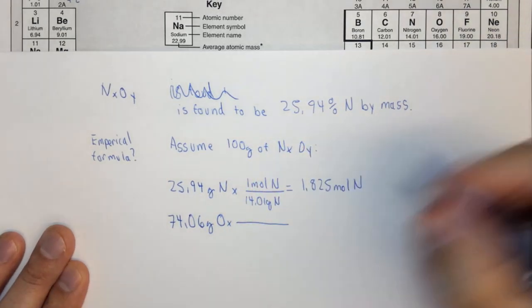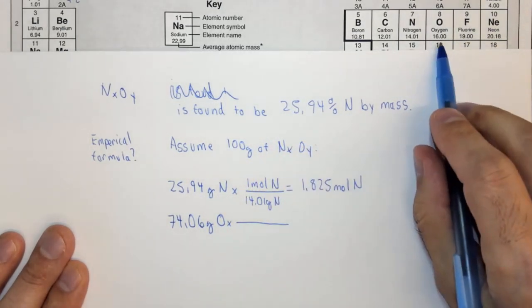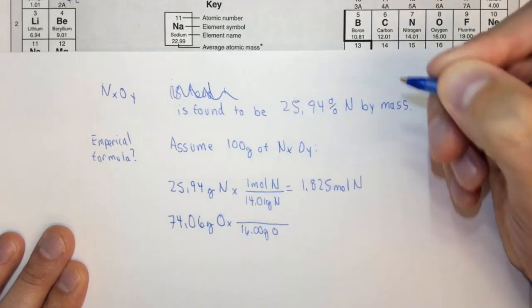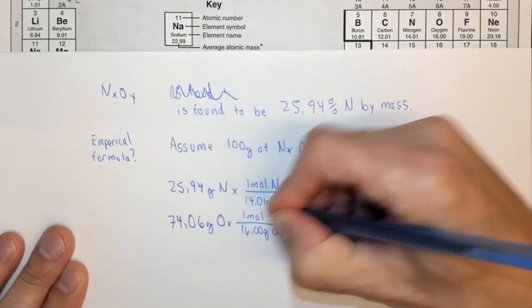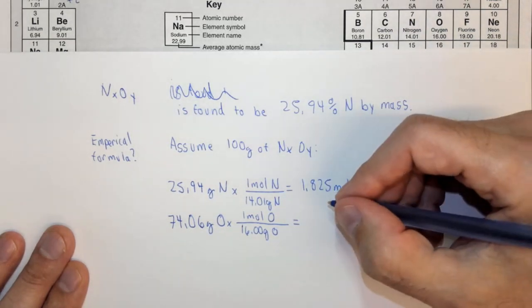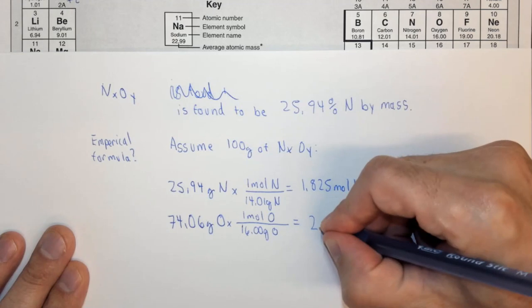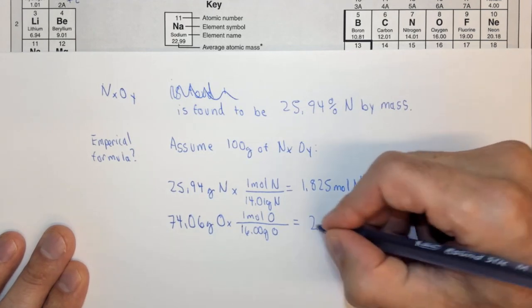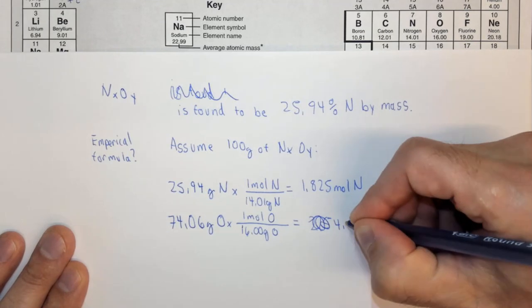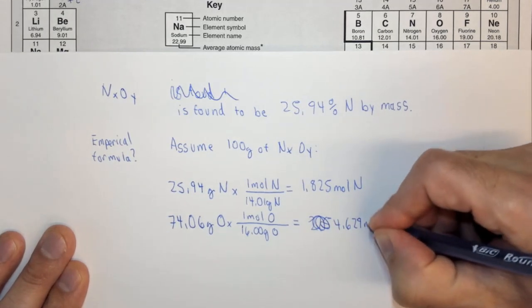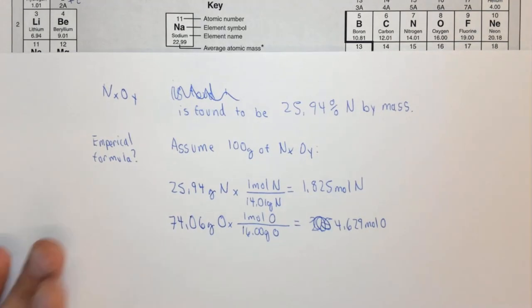For oxygen, oxygen has a molar mass of 16, so we put 16.00 grams of oxygen on the bottom, 1 mole of oxygen on the top, and we find that there are 4.629 moles of oxygen.